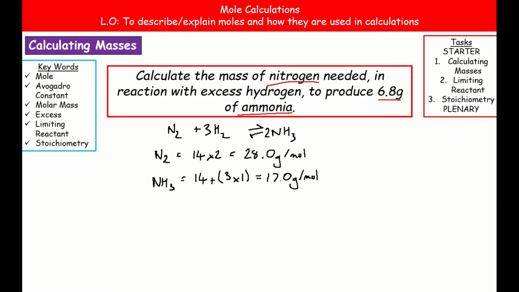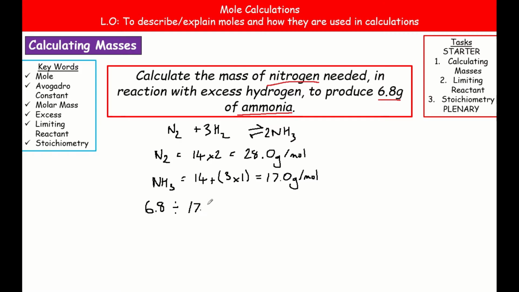So we've got our relative formula masses here, okay? Now, the next thing we need to do is think, what can we work out? We've got, obviously, the molar masses of 2 chemicals, and we have a mass in grams of ammonia. So that means we can do the mass of ammonia, 6.8, divided by its molar mass, which is 17.